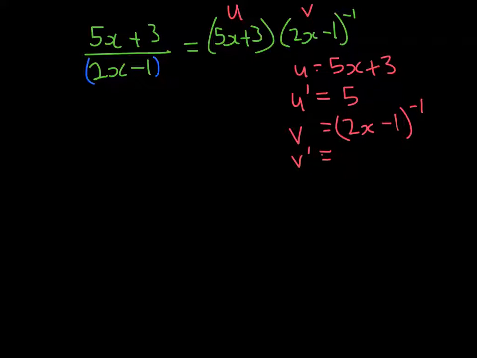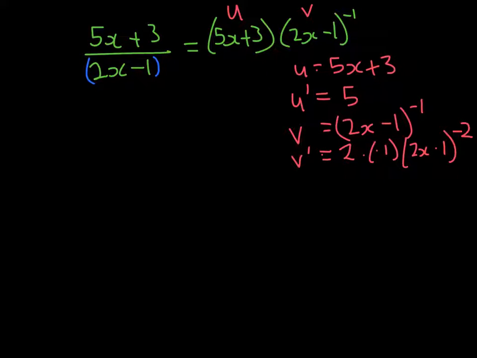That'll be a 2, times the power comes down, so we've got minus 1. And then in the brackets we'll have 2x minus 1, and the power will be minus 2.